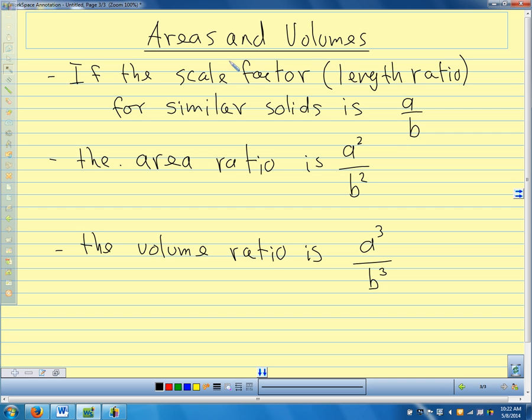And one thing that I want to point out is our length ratio, our scale factor, and I'm going to put in parentheses our length ratio again, can be the ratio of any corresponding length.